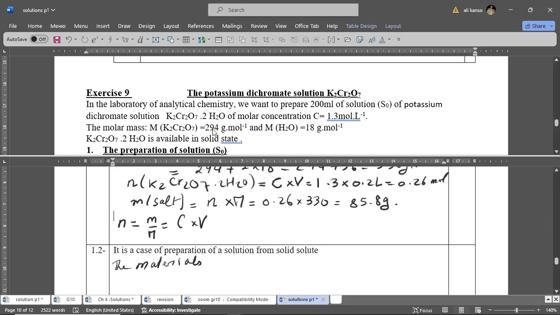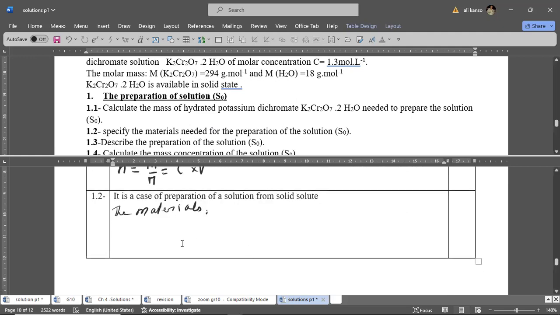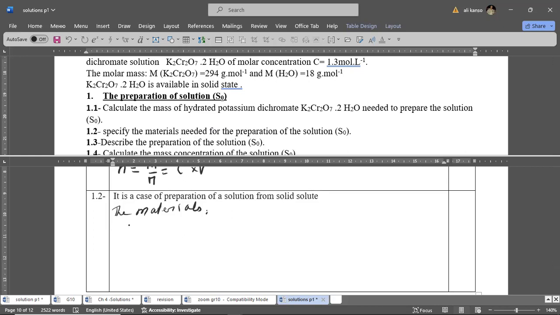In order to write the materials needed, we have to remember that it's a case of preparing a solution from a solid solute. The materials are: first, the sensitive balance.